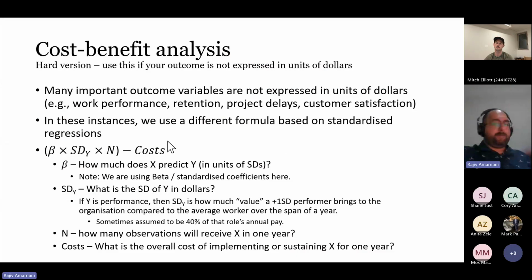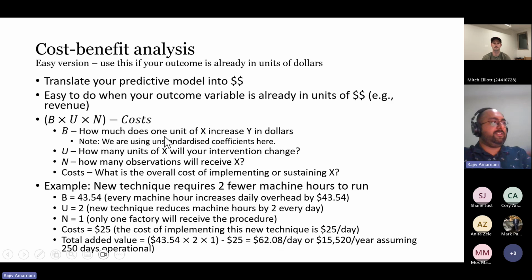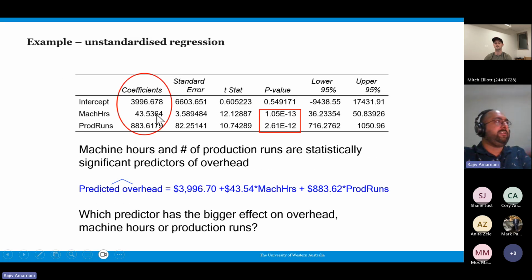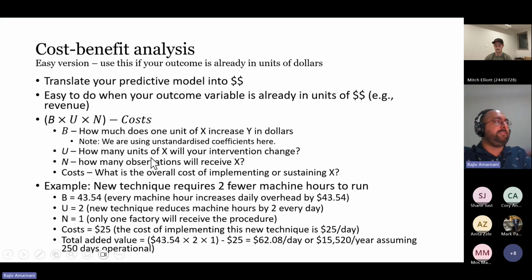So, going back. Okay, so we'll do the maths. And I did this earlier, so these should hopefully be correct. $43.54, that's your B coefficient, which we got from your modeling. You know it's going to save you 2 hours.